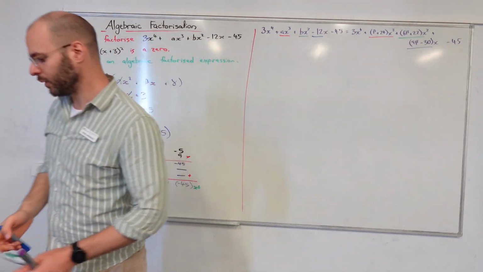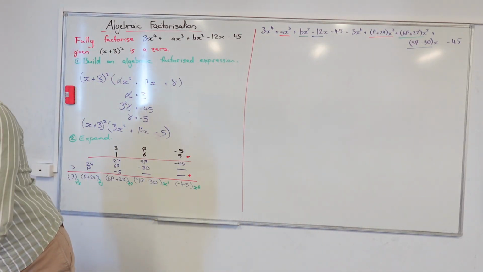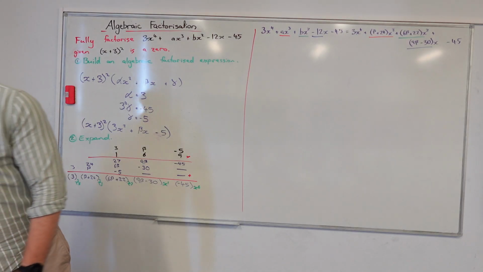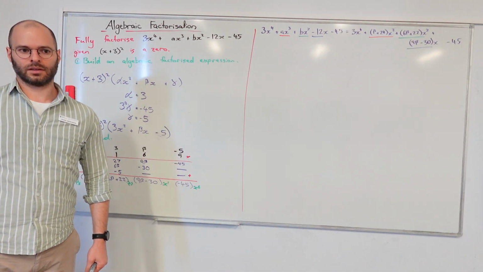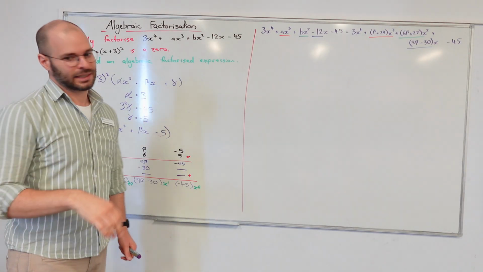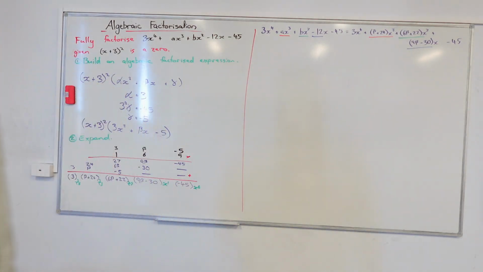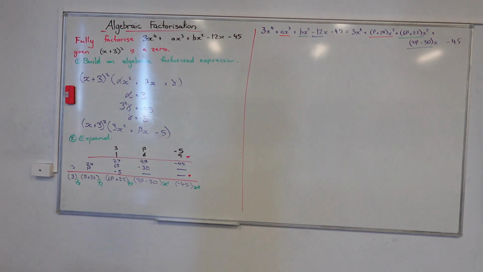How many unknowns do we have here? 3. How many equations could we build? 3 different equations. Now this is one of the steps where you have to have a look at what you have and take the easiest path possible, so the path of least resistance.